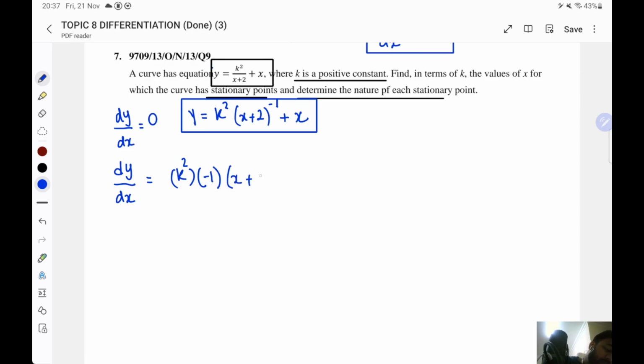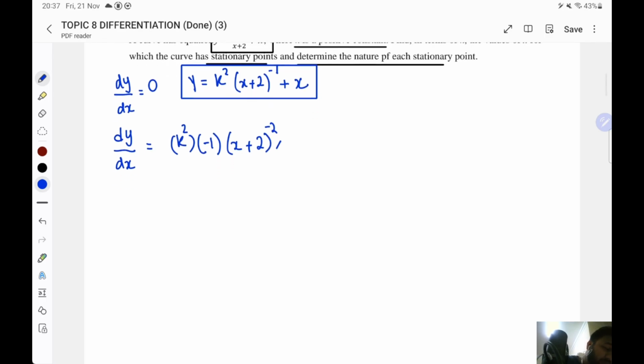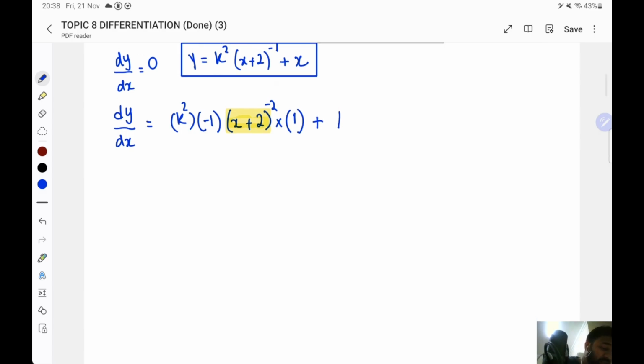Then we reduce 1 from the power, making it -2, multiplied by the differentiation of the bracket. The differentiation of this yellow portion is 1, because the derivative of 2 is 0 and the derivative of x is 1, plus the differentiation of x is 1. Simplified, it will be -k squared divided by (x plus 2) whole squared, plus 1.